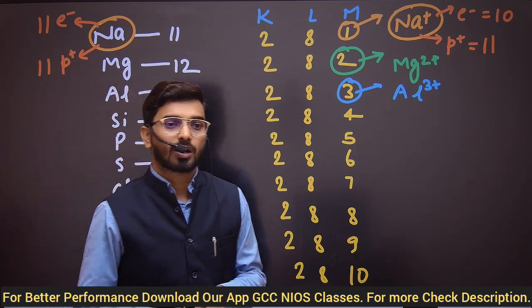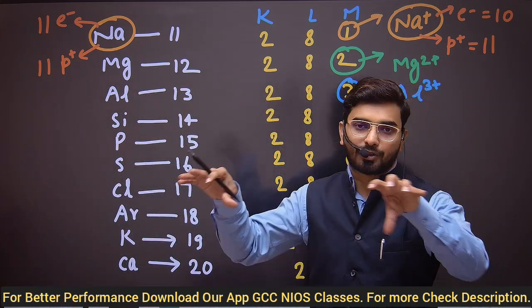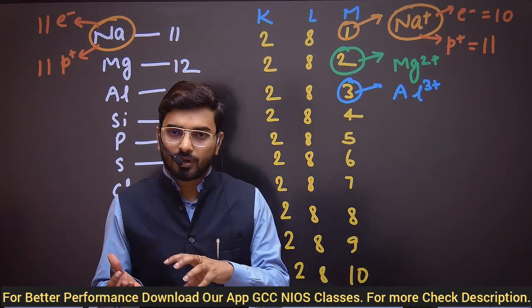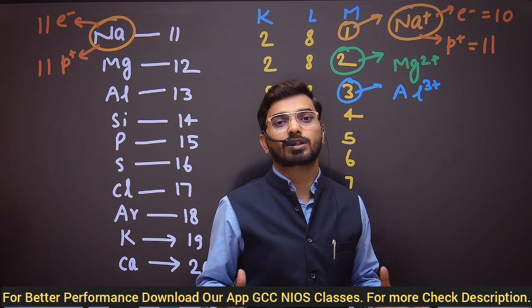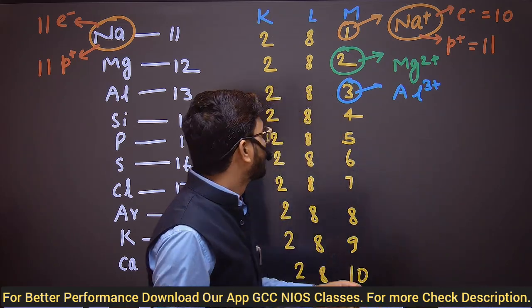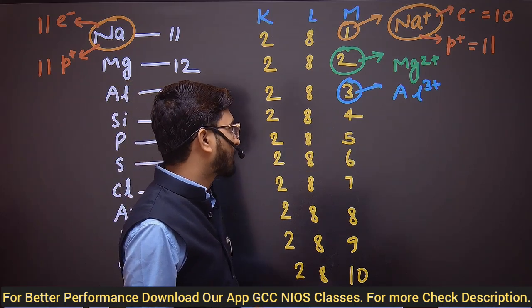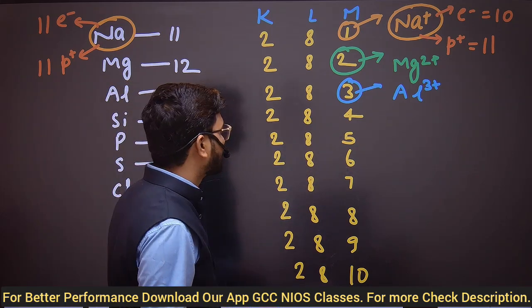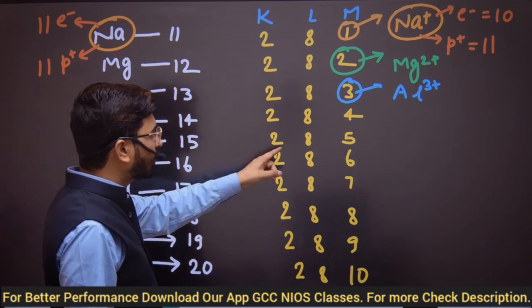It's not compulsory that every time carbon will bond with hydrogen only. Carbon can also bond with oxygen, nitrogen and other elements where their requirement is fulfilled. So in this case silicon decides to go with the sharing of electrons and form a covalent bond, like you studied in carbon. But in the next part, if we talk about phosphorus, that is 2, 8, 5.